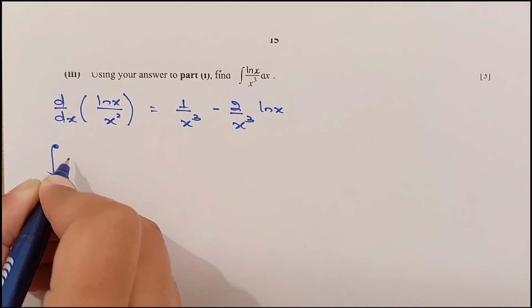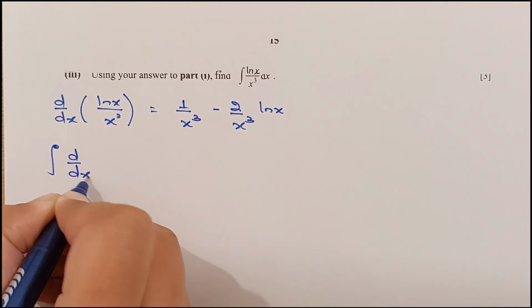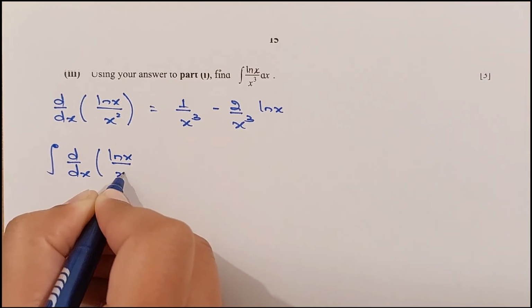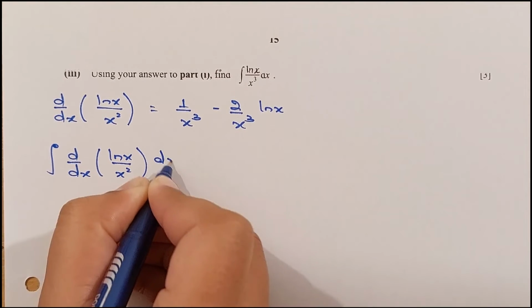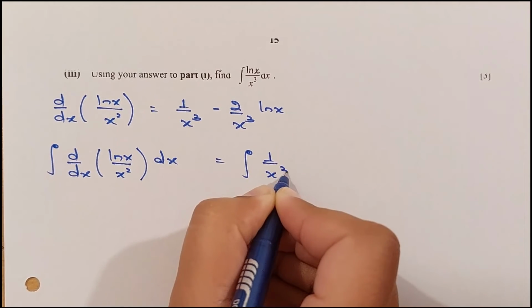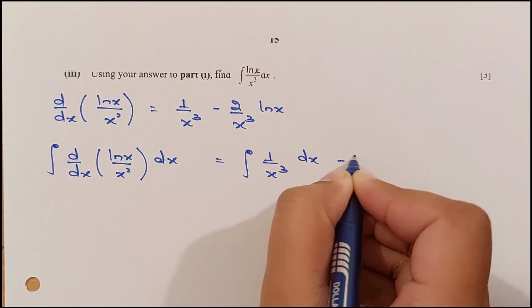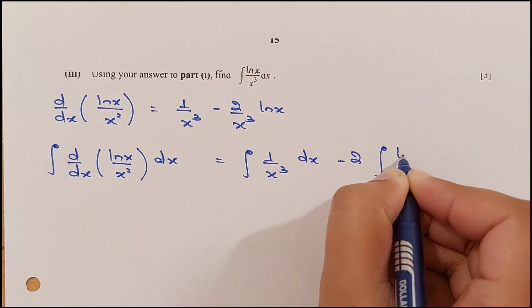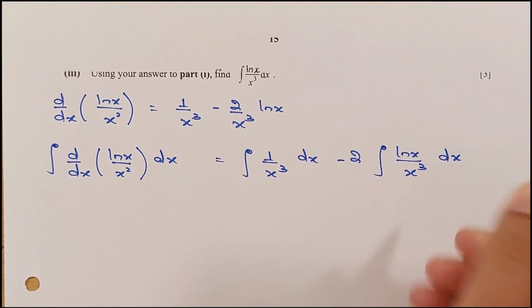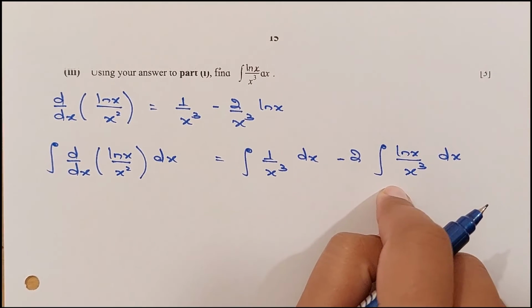Taking integration on both sides, the integration of d by dx of ln of x over x square with respect to dx equals the integration of 1 by x cube with respect to dx, minus 2 outside, the integration of ln of x over x cube with respect to dx, right? We have to simplify this, right?